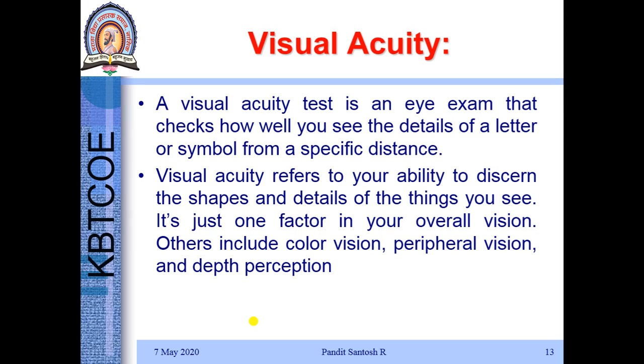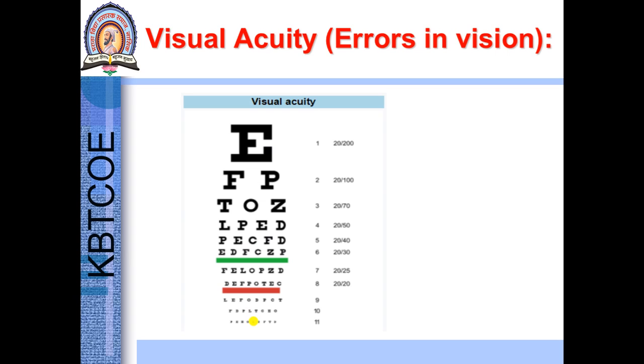It's one type of eye exam that checks how well you see the details of letters and symbols from a specific distance. Visual acuity refers to your ability to discern the shape and details of things you see. This is the pictorial representation in which the letters are of various sizes. This first 20 indicates 20 feet, whereas the remaining numbers, 200, 170, indicate the size of the letters.